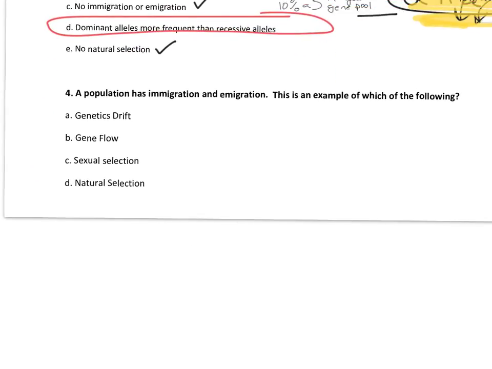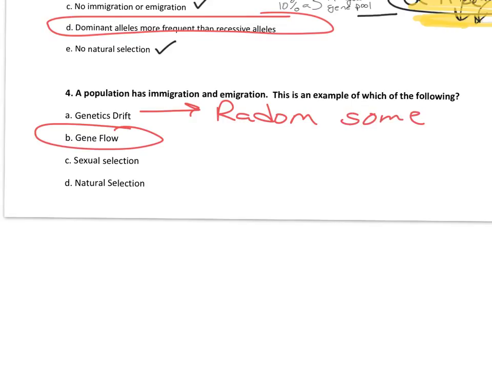All right, so the population has immigration and emigration. This is an example of which of the following? Gene flow. The answer is gene flow. Genetic drift is random, right? And it's random because of some event. The event could be a lot of different things.